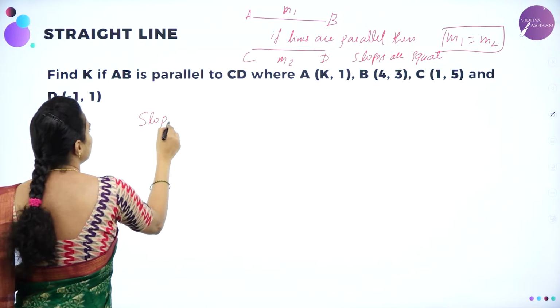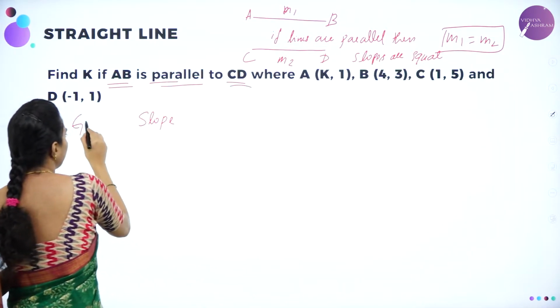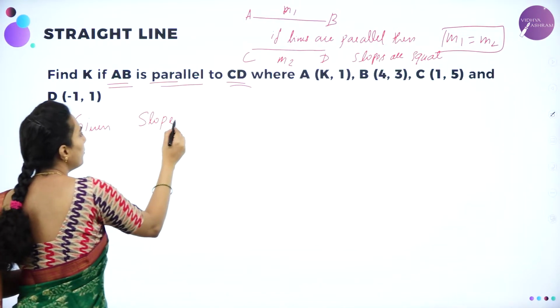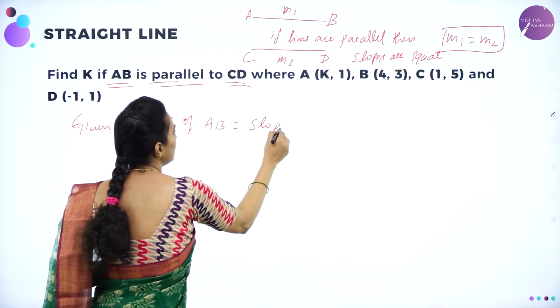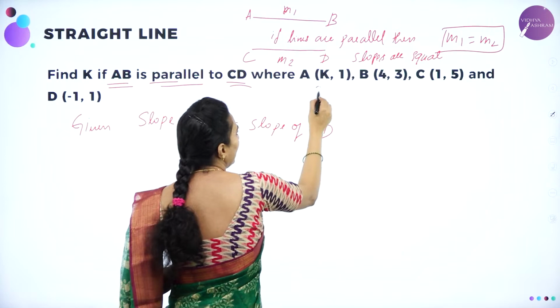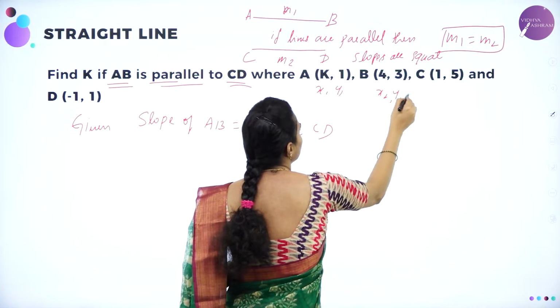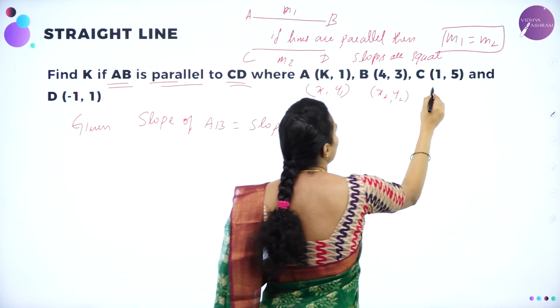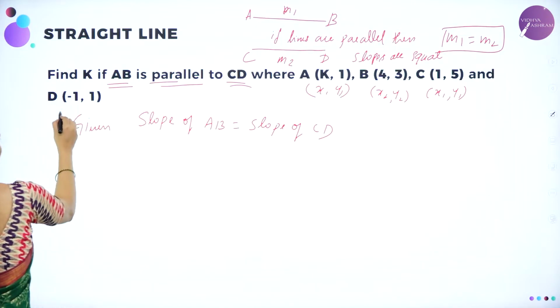The slope of AB is given, right? They only gave that AB is parallel to CD, so the slope of AB is equal to the slope of CD. Here I am taking the A point as x1, y1 and B point as x2, y2. Similarly, C point as x1, y1 and D point as x2, y2.